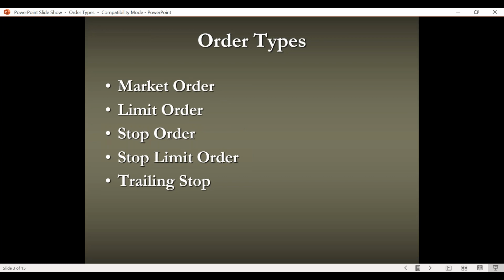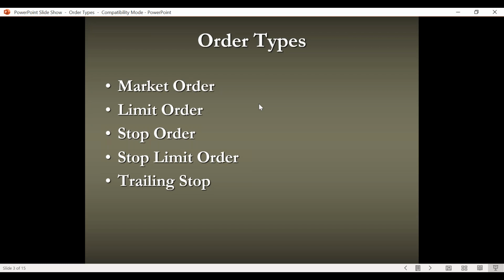The first one, so there's a market order, and every broker out there should have all of these. Now, there are more advanced systems that have different expansions of these types of orders, more complex, and in a lot of cases, not usually necessary.